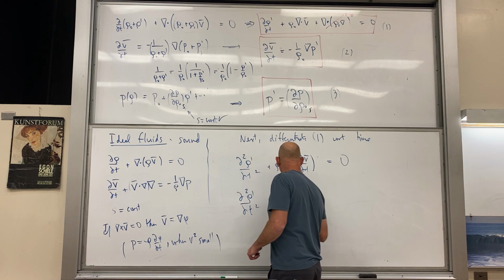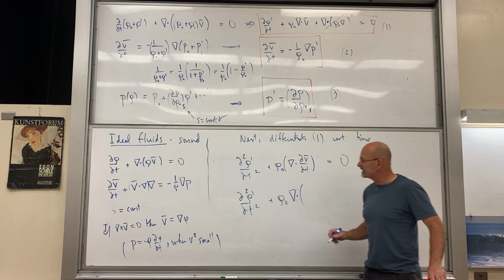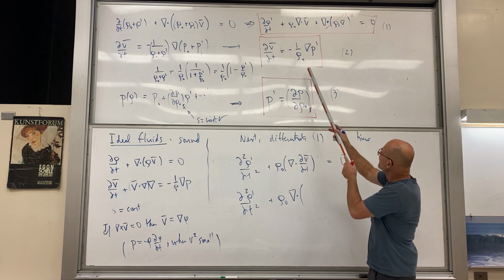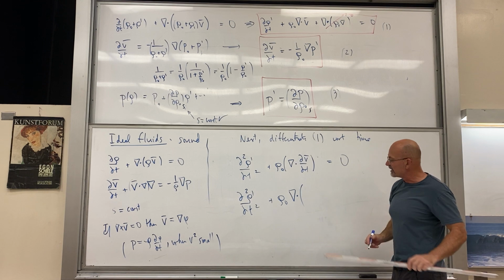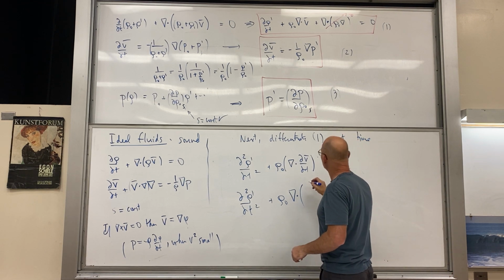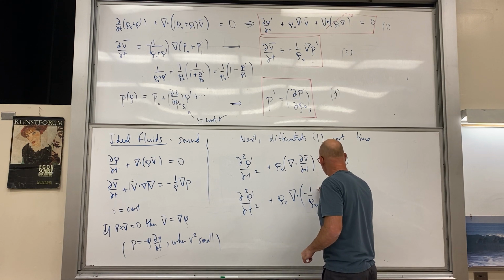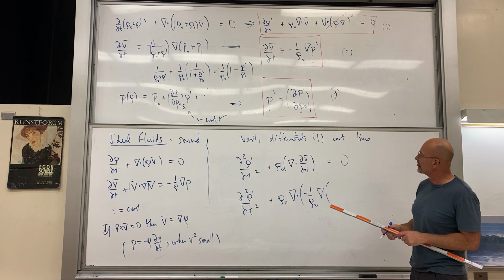We can do as a next step, we've got this here, plus rho 0 divergence of, but our dv dt is equal to minus 1 over rho 0 gradient p prime. So minus 1 over rho 0 gradient. But what is our p prime?